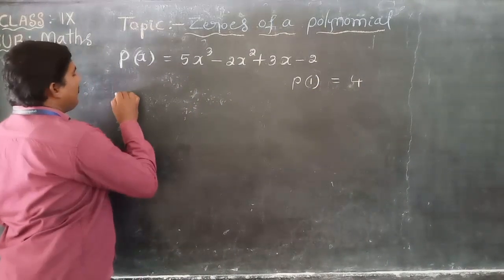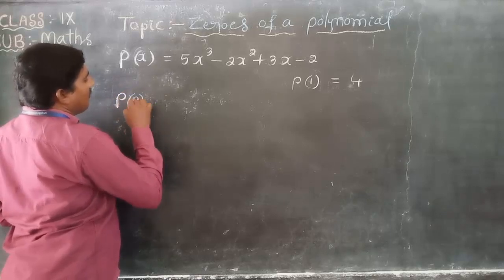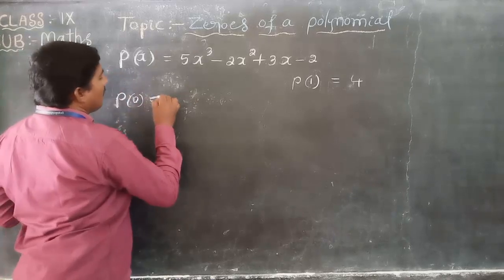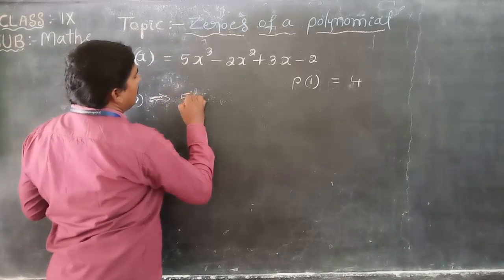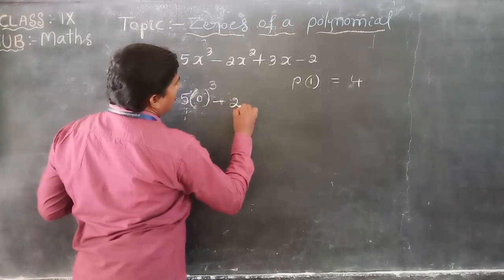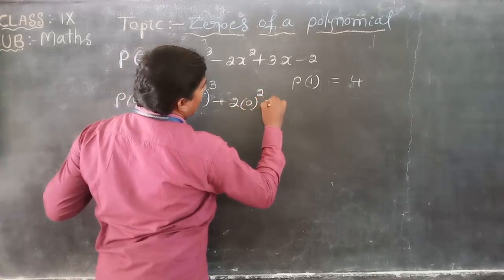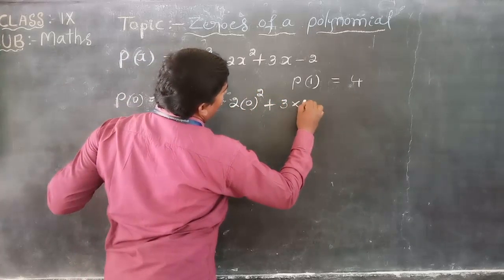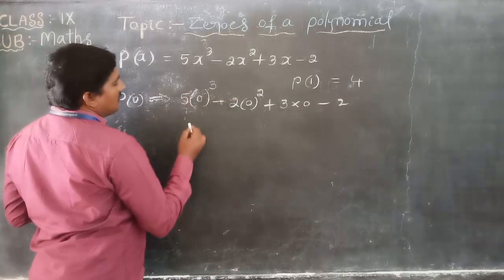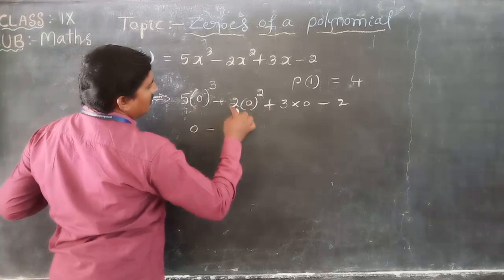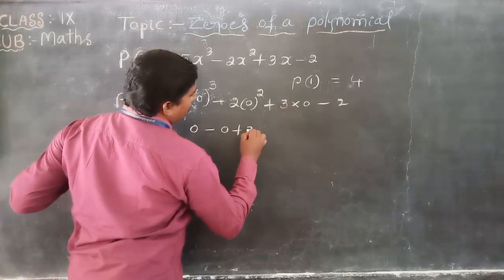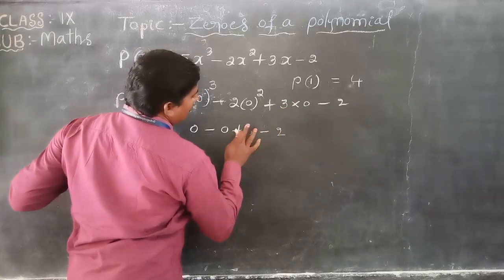Now p of 0. In the place of x, substituting 0, we will get 5 into 0 cube, minus 2 into 0 square, plus 3 into 0, minus 2. 0 into any value is 0. 3 into 0 is 0.